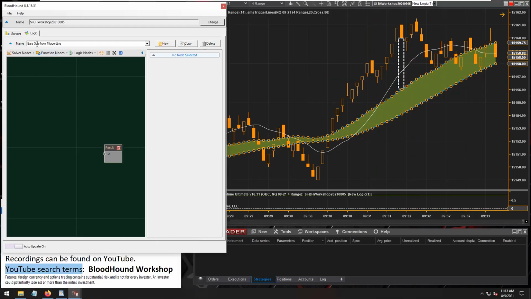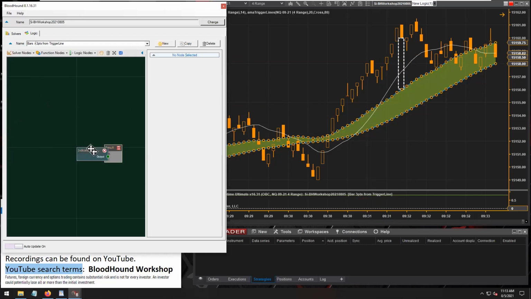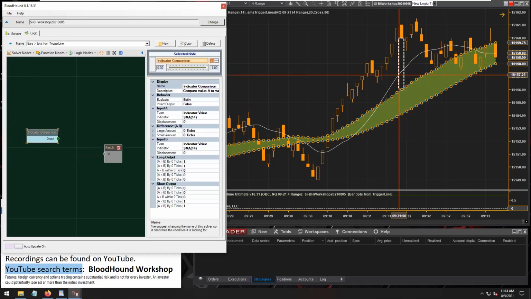To identify our condition here, we're going to use the comparison solver. Once we've identified this condition, we can use that to block signals, as Ramesh is wanting to do.